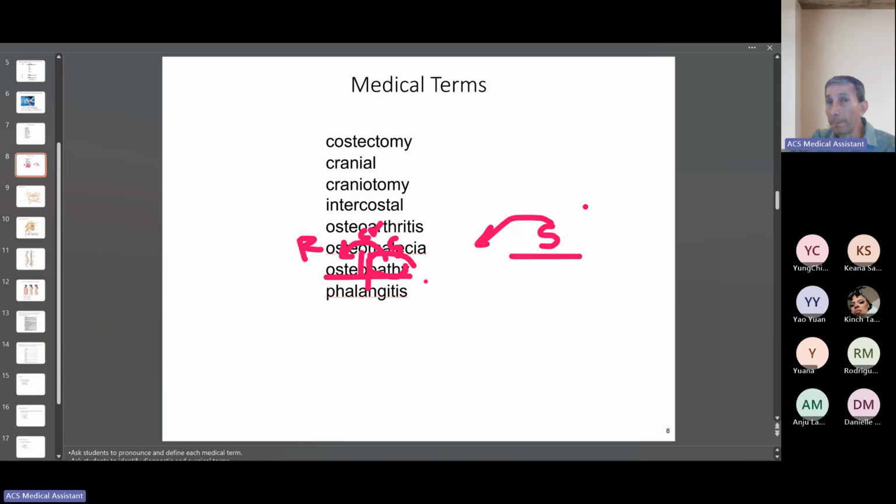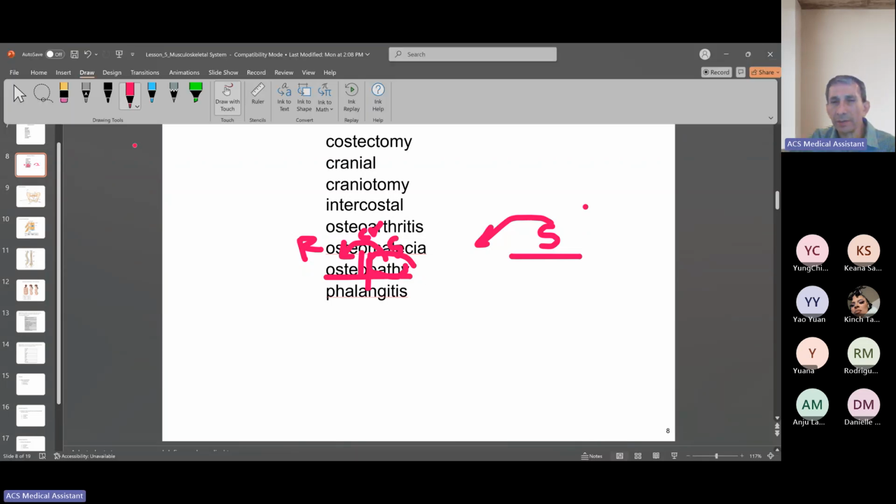Now, if you said bone disease or disease of the bone, if it sounds good to you, that's normal. You have a bone disease. Oh, your bone is disease. Doesn't sound too good, right? Bone disease is better than your bone has a disease.